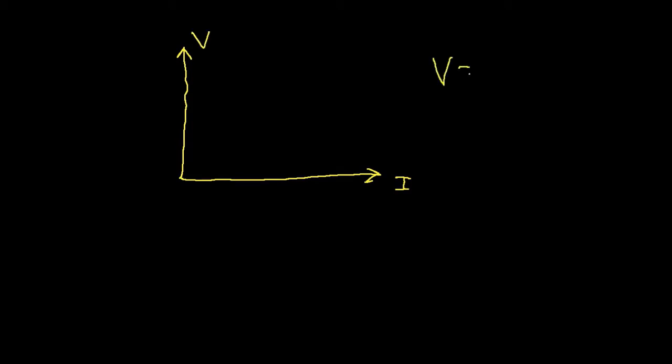The proportionality constant is the resistance. So the relationship between current and voltage of a resistor can be drawn with a straight line graph, and the slope of this line is the resistance R.